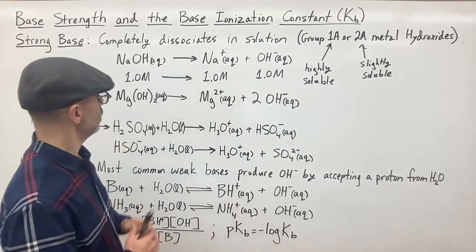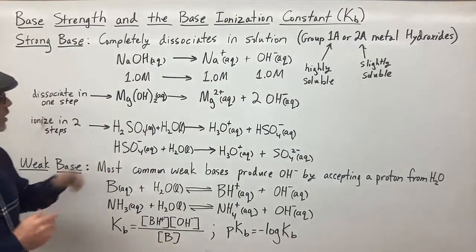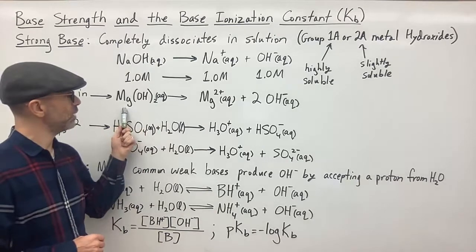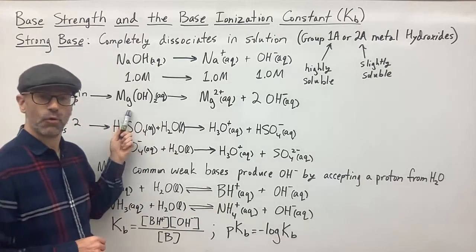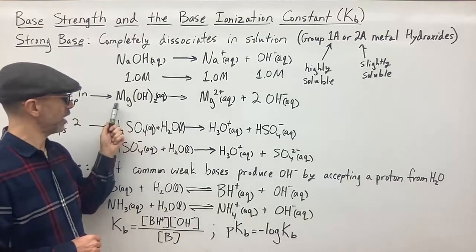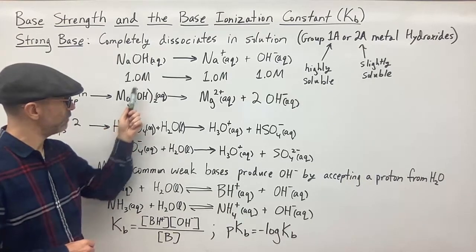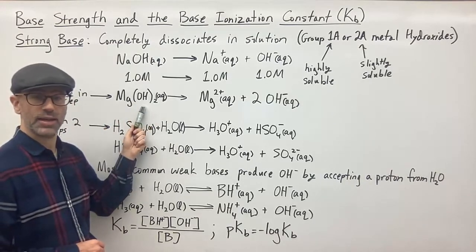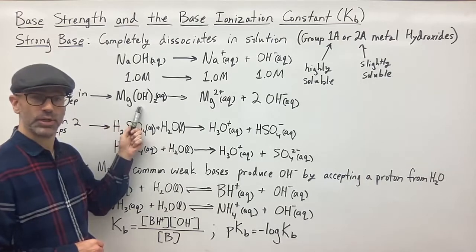One thing to note about your group 2 metal hydroxides, like magnesium hydroxide, is that you have 2 hydroxides in the formula.